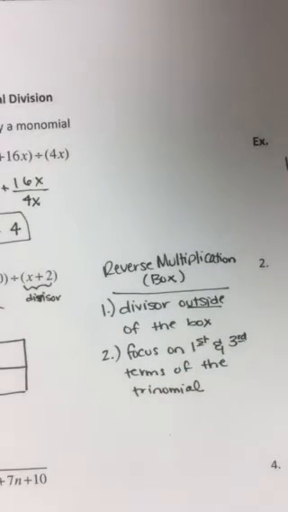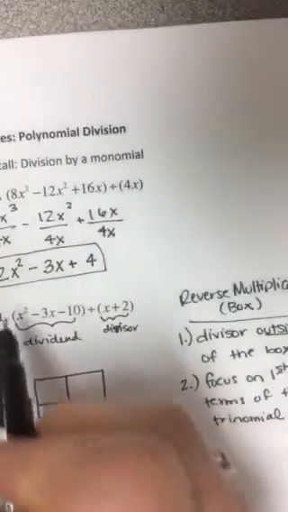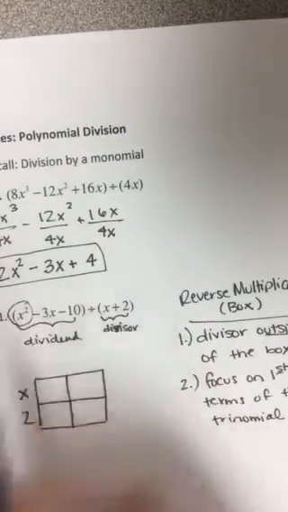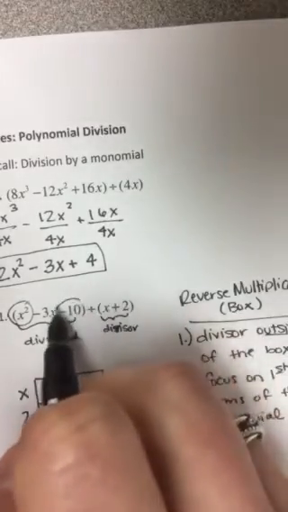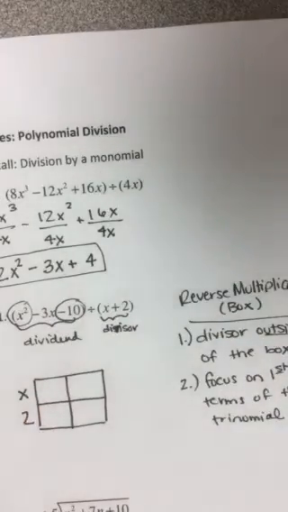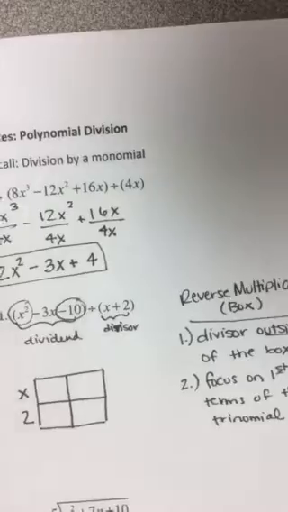Okay, so if I'm looking at my first and my third term, well, that means I'm looking at, in this case, the x squared, and I'm looking at the negative 10. All right, and that's going to come into play.